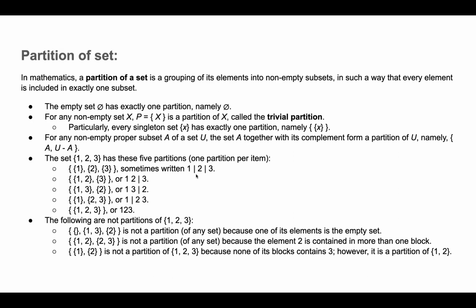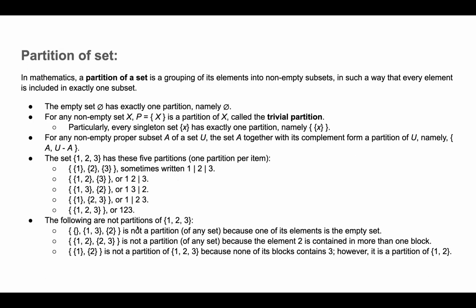Here the partition is done. As we can see, the partition is done. 1 is there, 2 is there, and 3 is there, separate. Then we can write it like this also: {1}, {2}, and {3}.